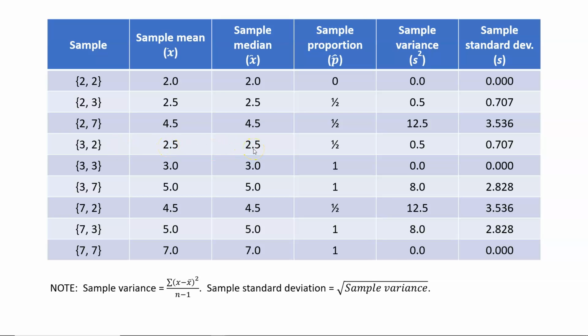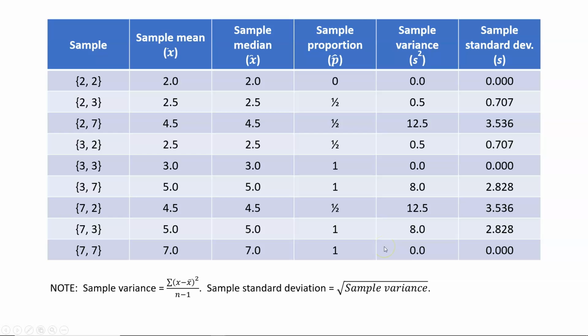The median is exactly the same value, 2.5, because that's in between 2 and 3. The sample proportion is 1 out of 2 because there's one odd number out of the 2 numbers drawn. And then we can calculate the variance and standard deviation using a formula or technology. Okay, so that's the sample statistics for all 9 of these samples in the table.